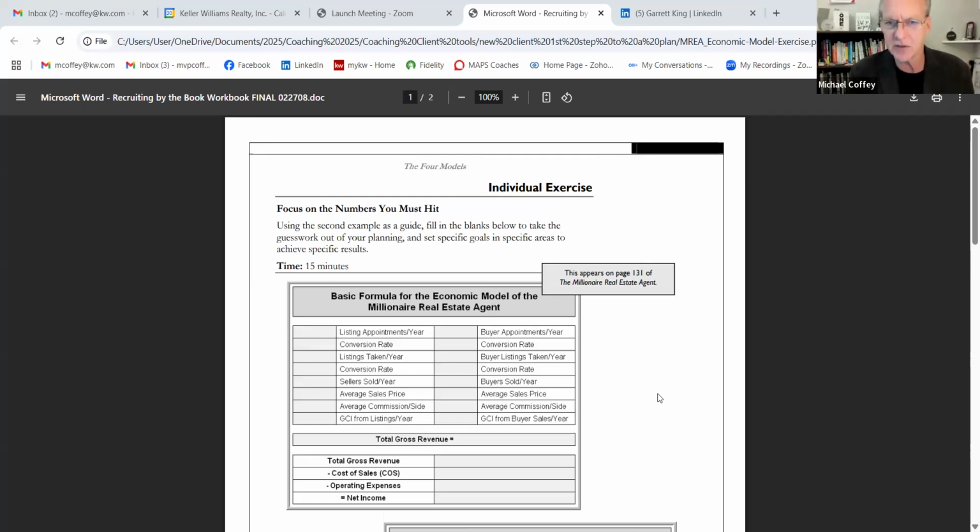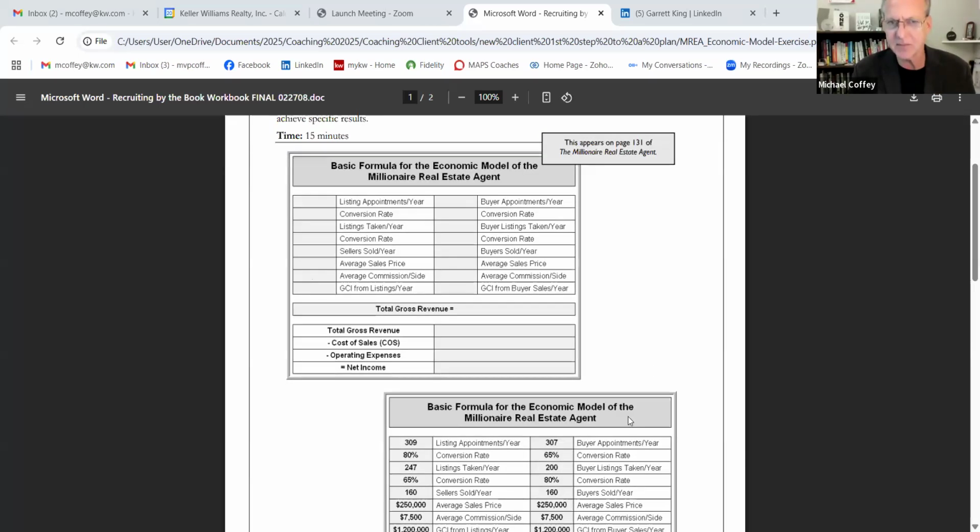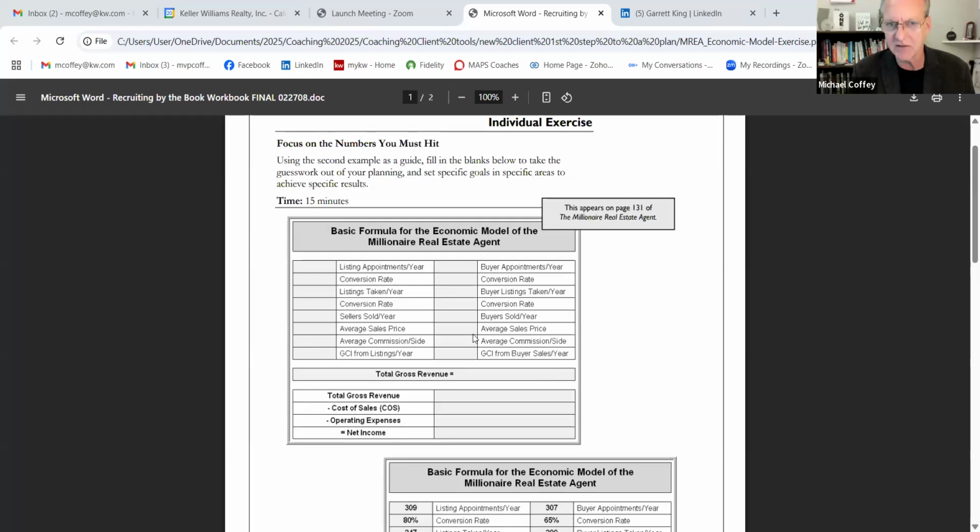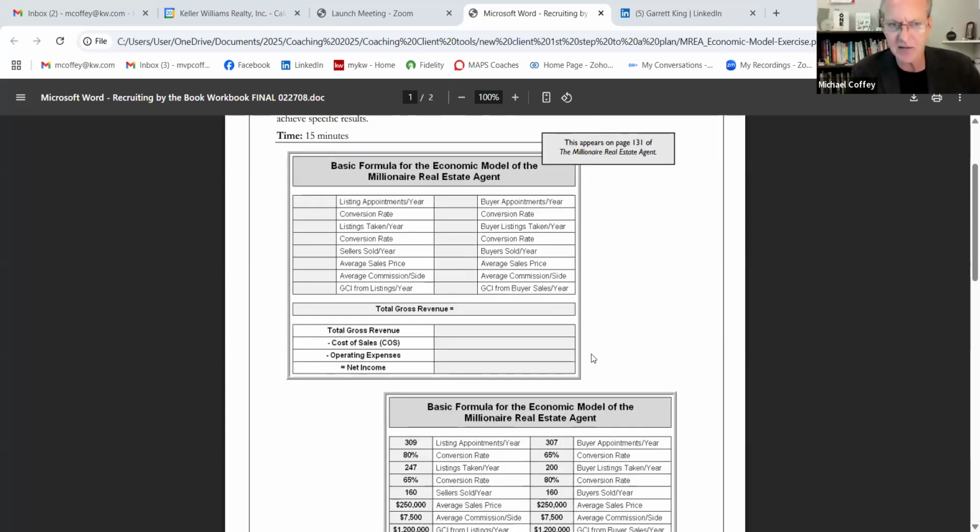But if you don't know the numbers right now, you can use our generic averages as a sample of what may need to be achieved. And then tracking your own individual numbers, you'll see how you compare against those averages. So the bottom line with the economic model is it's tracking how things move through a sales funnel in order to result in earned income.